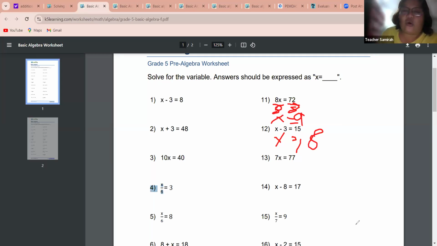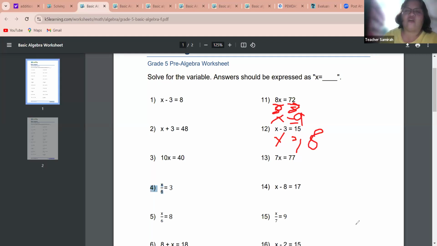Very good. So we transpose negative 8 to the other side. It has become positive 8. So 17 plus 8 would give us 25. Okay, number 15. How about number 15? Number 15 will have two methods. The one is to cross multiply, and the next is to multiply it with 7.